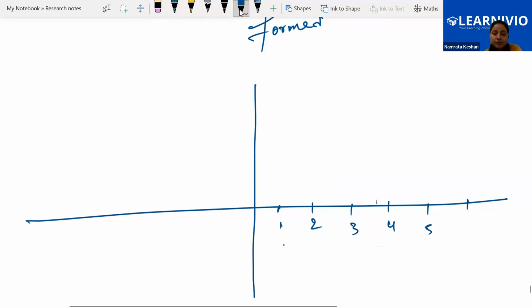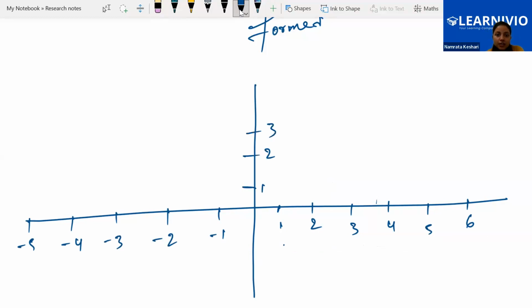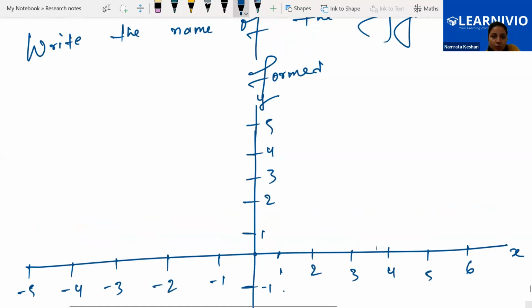Similarly here, -1, -2, -3, -4, -5. Here 1 2 3 4 5. Here -1, -2, -3, x-axis, y-axis. Okay, what are the points we are having?